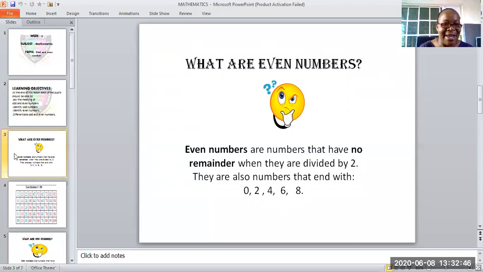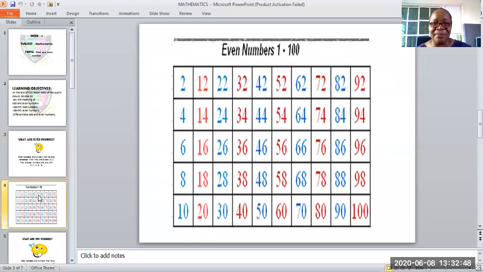Now let's look at our examples of even numbers. When you look at the slide right now, you will see all these numbers written out. Are we together? Very good. Now look at these numbers.